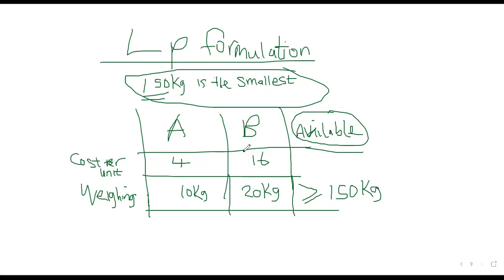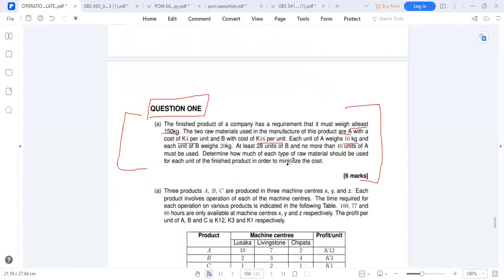So what next? They are saying at least 20 units of B and no more than 40 units of A. At least 20 units of B, and no more than 40 units of A. So let us now continue.